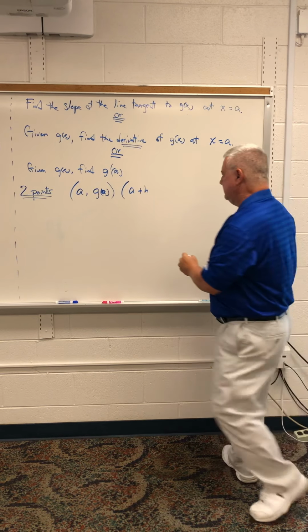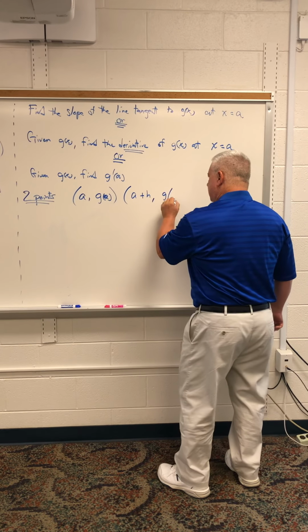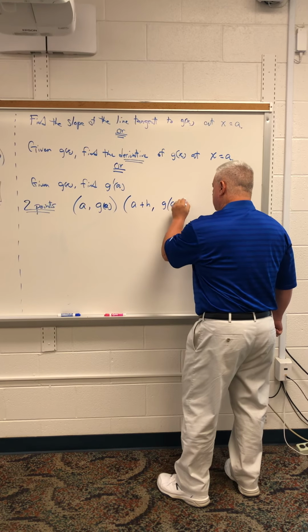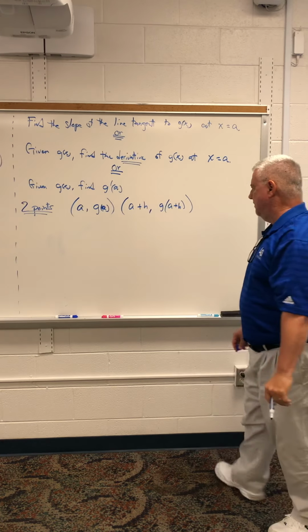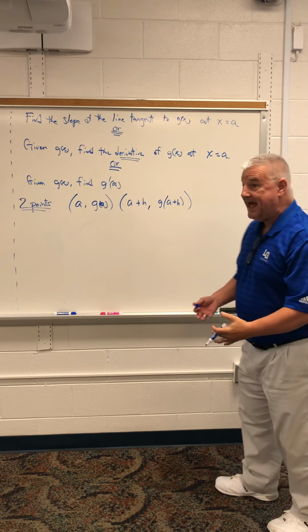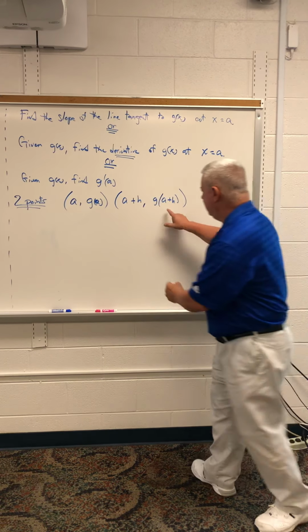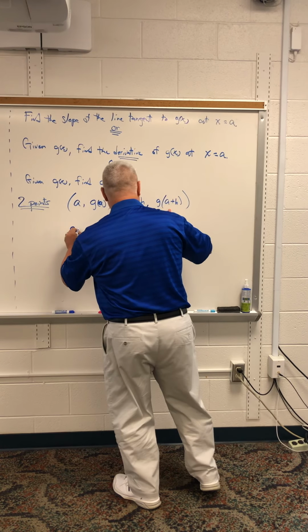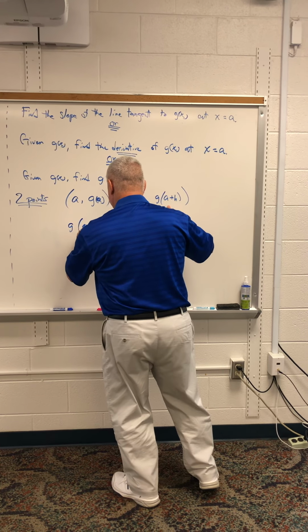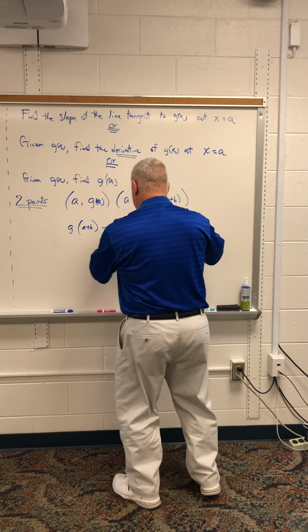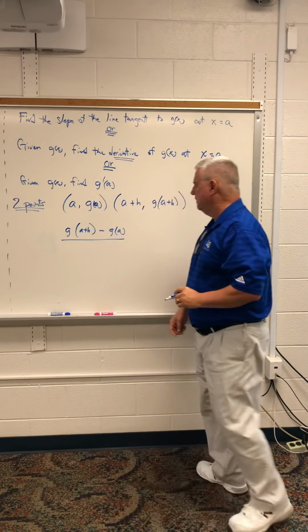We'll call that little bit h. And then the y value would be g of a plus h. Find the slope. We got 2 points. Find the stinking slope, like we've been doing forever and ever. So that'll be the change in y's over the change in x's.